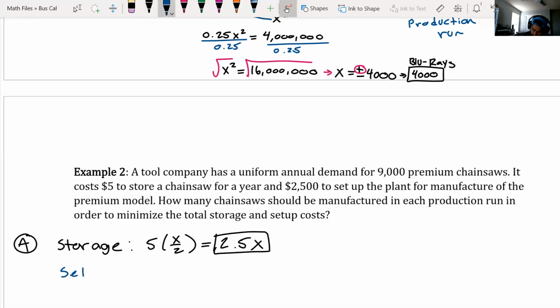And then setup cost is the cost to set up times Y. So this says that it costs $25,000 to set up. So you'll have 25,000 times Y. I mean, 2,500 Y. And now we can move on to our cost function.